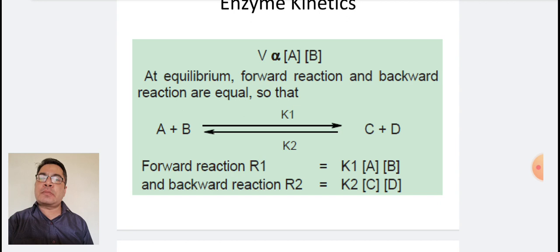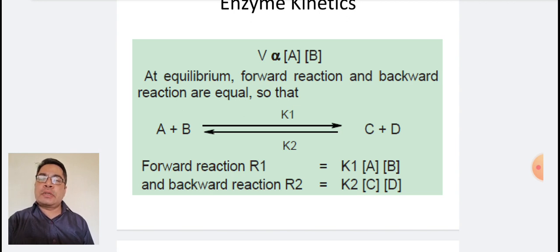At equilibrium, forward reaction and backward reaction are equal, so that A + B bidirectionally gives C + D, where K1 stands for the constant of forward reaction and K2 stands for the constant of backward reaction.